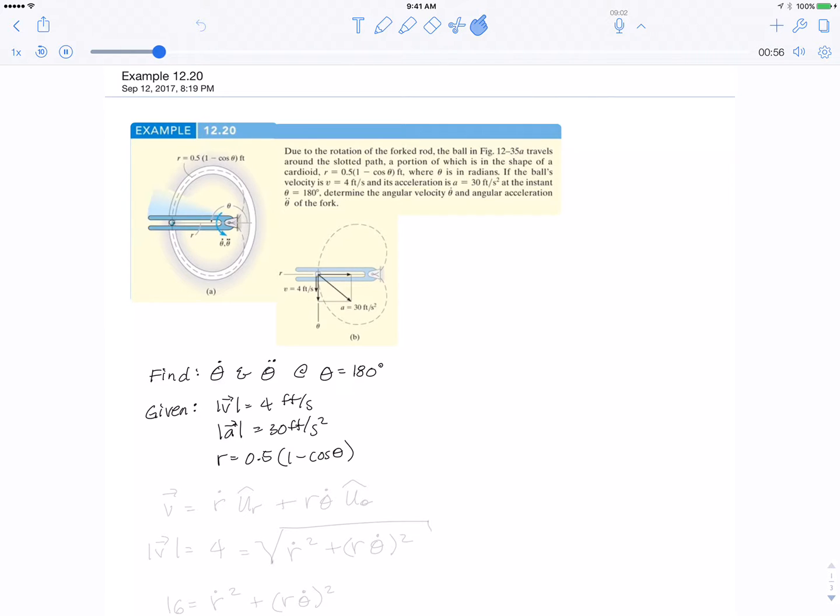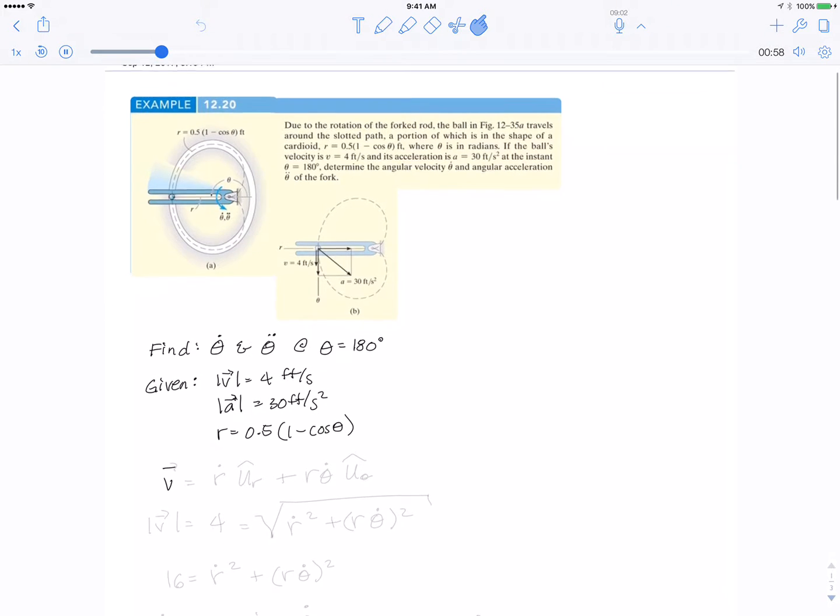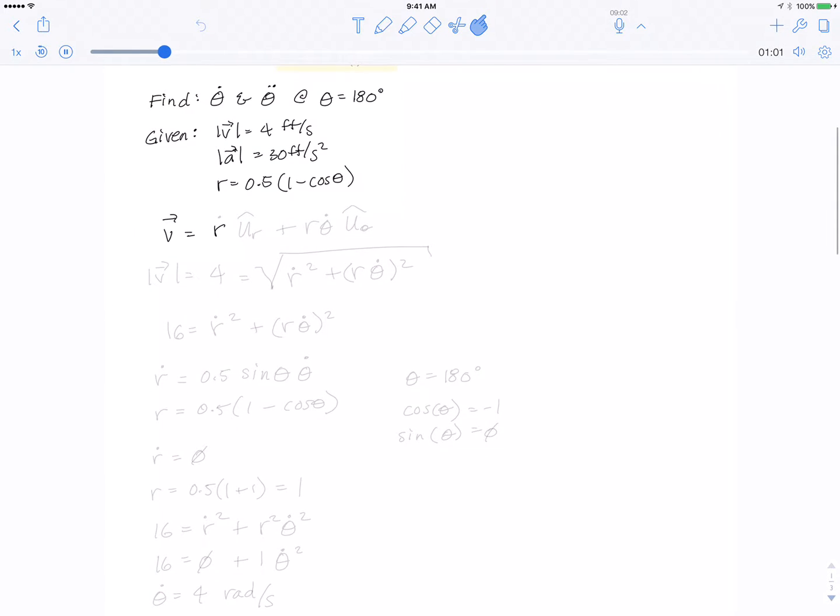So let's get started. So again, we know the velocity in polar coordinates is r dot in the r direction, and r theta dot in the theta direction. And we know that the magnitude of the velocity is 4 feet per second, and that's going to equal the square root of r dot squared plus r theta dot all squared.